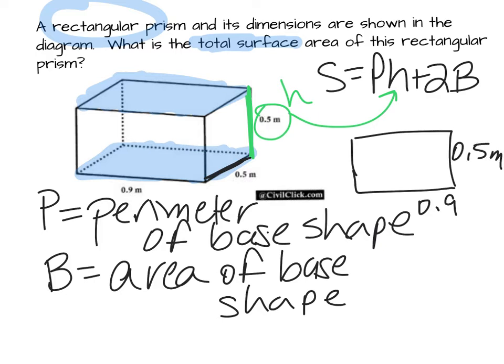I'm going to do this side in red so you can see where those numbers are coming from. Alright, so to find the perimeter, I'm going to add all the sides.